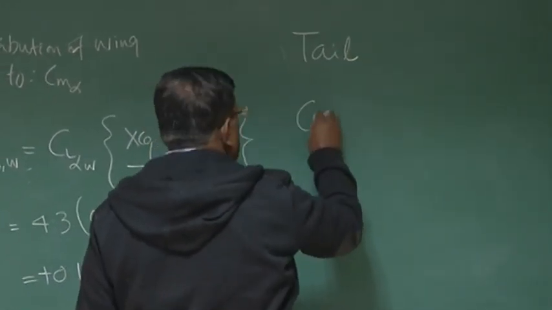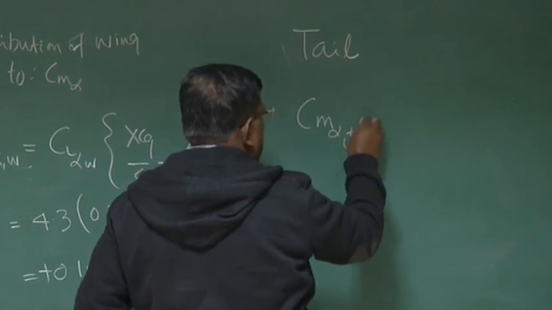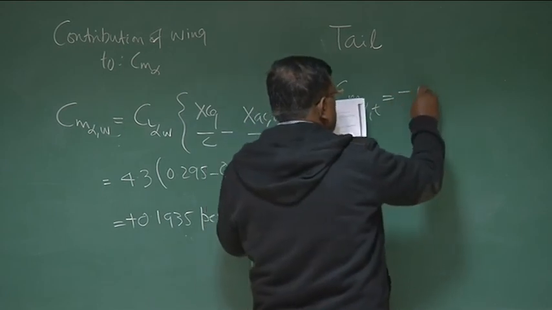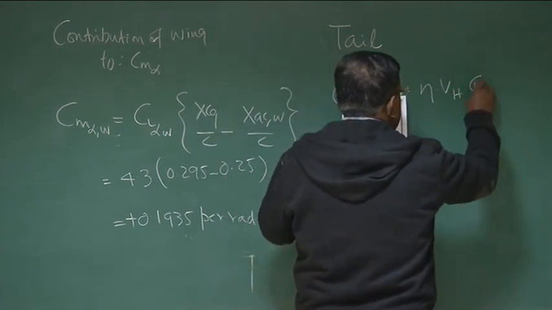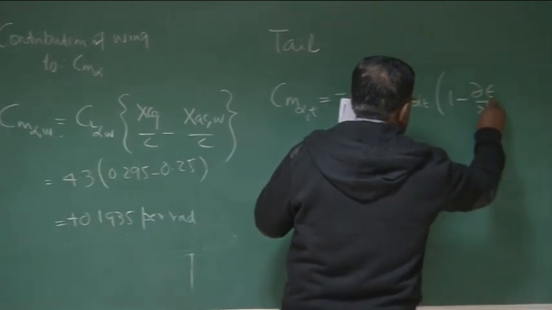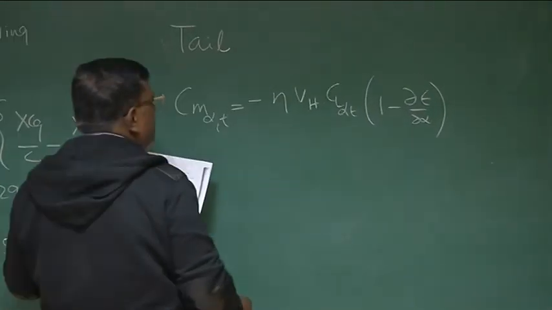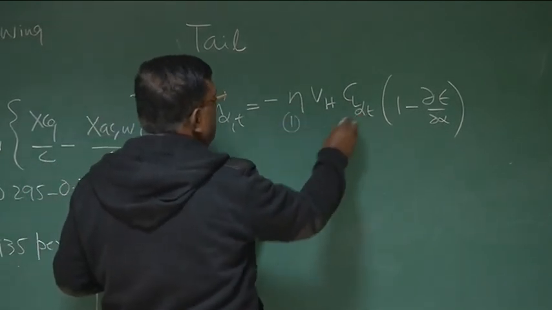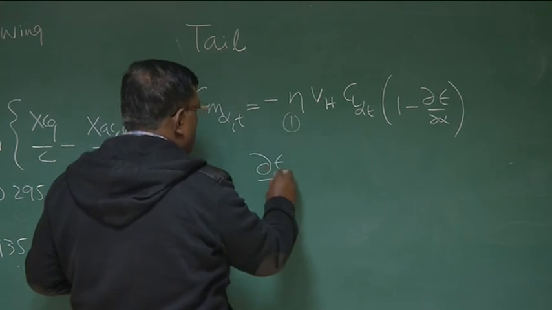So you write again the expression for Cm alpha tail, and that is given by minus eta VH CL alpha tail into 1 minus d epsilon by d alpha. Eta, I take 1, VH I know, CL alpha tail I know. I don't know what is d epsilon by d alpha.